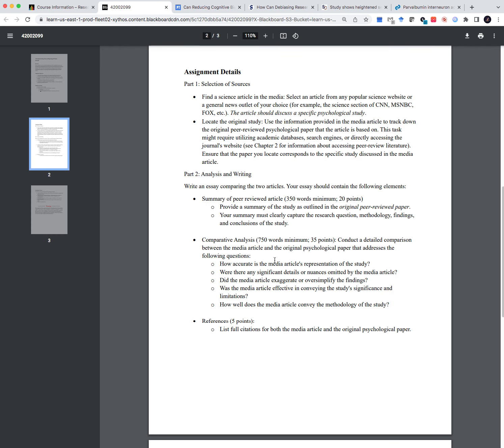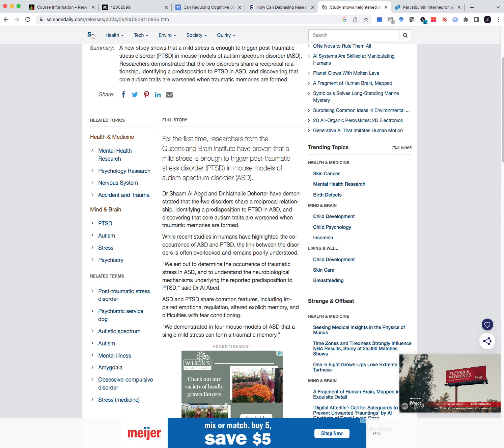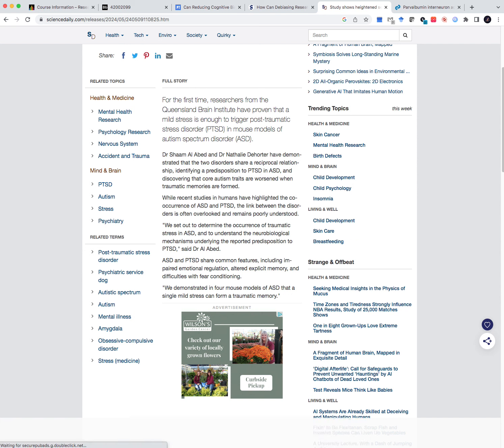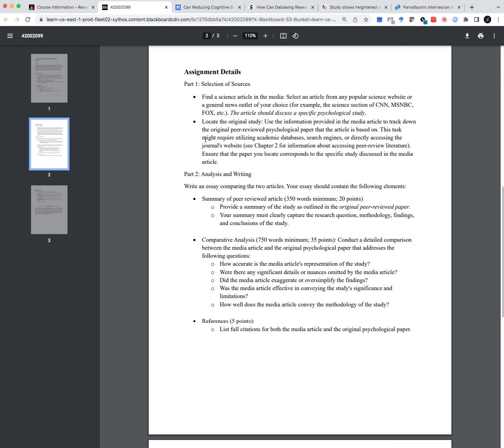And so here, some of the questions that you want to address is, one, how accurate is the media article's representation of the study? Sometimes these articles are written by people without very much experience in science, reporters, and sometimes they make mistakes. So maybe you find various mistakes that have been made. Okay, so how accurate is the media article?